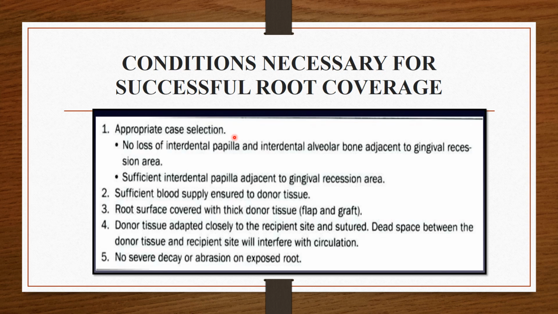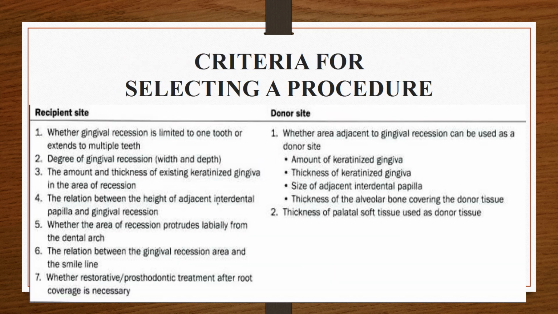Sufficient interdental papilla should be there adjacent to the gingival recession area. Sufficient blood supply ensured. Root surface covered with thick donor tissue. Donor tissue adapted closely to the recipient site and sutured. Dead space between the donor tissue and the recipient site will interfere with circulation. No severe decay or abrasion on exposed root.